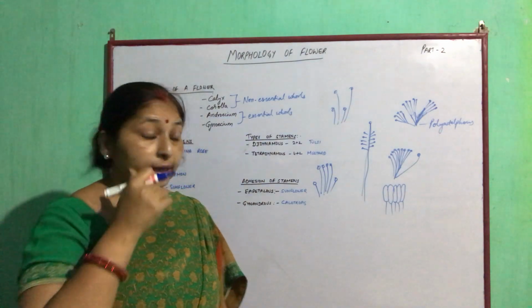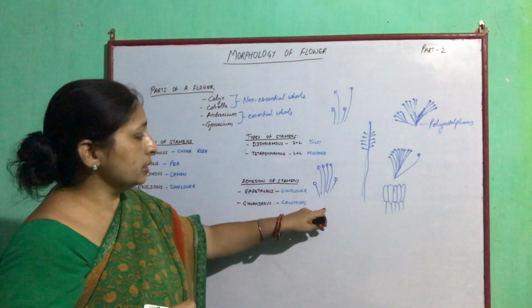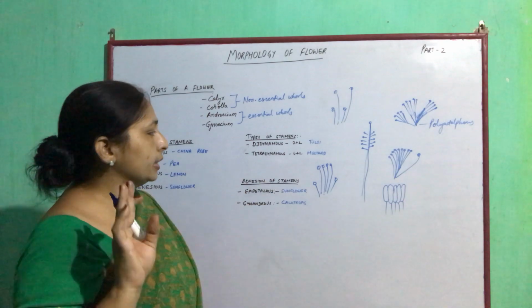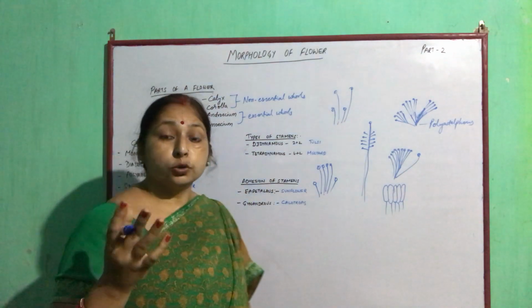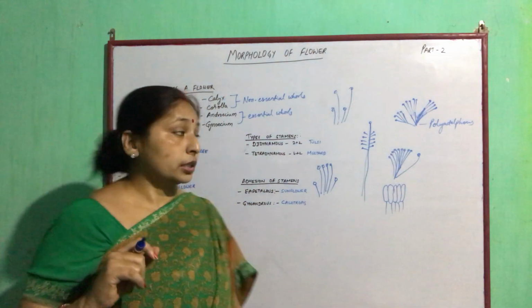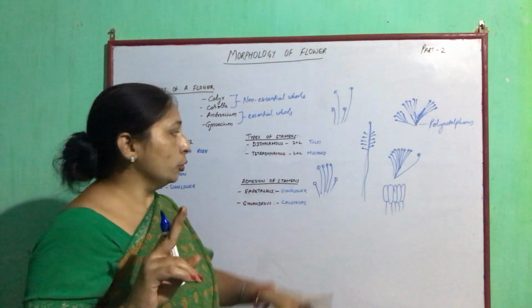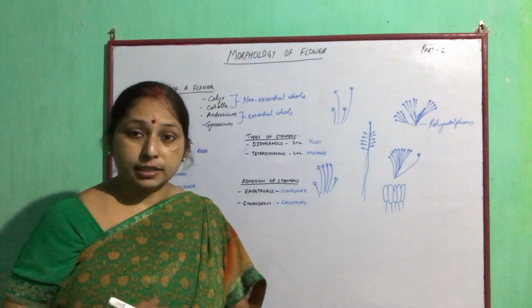So this is the example of tetradynamis, mustard. Tetradynamis, tetra is for 4, 4 long and 2 short. Didynamis, 2 long, 2 short, example is tulsi.